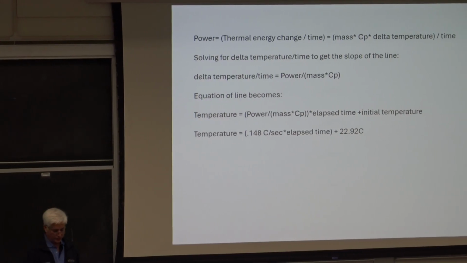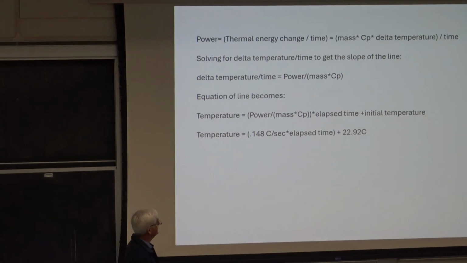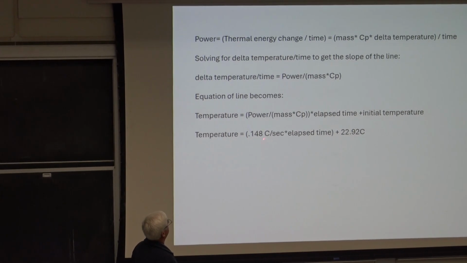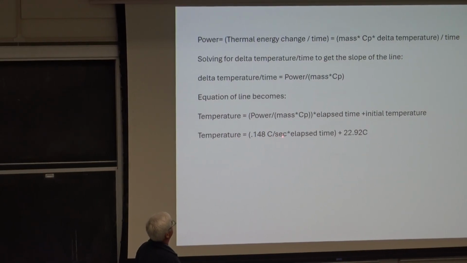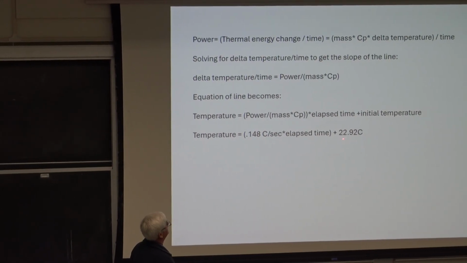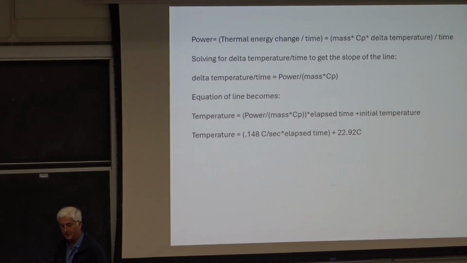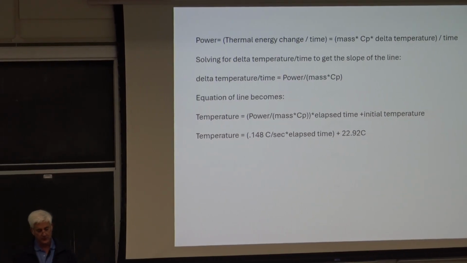And once you plug and chug it all, it comes down to this: temperature equals 0.148 degrees C per second times elapsed time, plus 22.92, which was the starting temperature for the data. So that's your y-intercept.